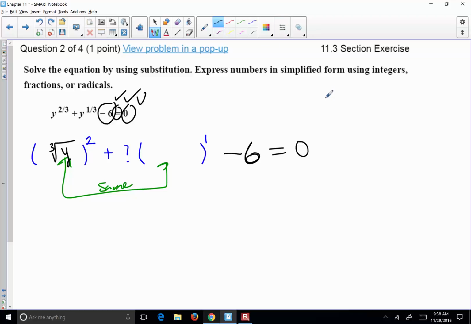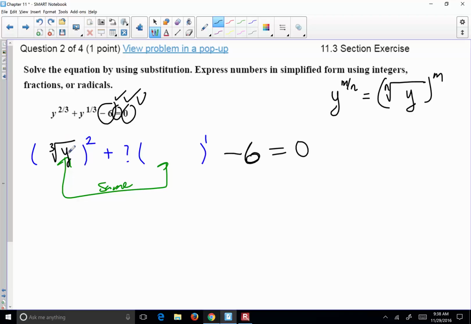He used the fact that if you have m over n, m comes out to the power and n goes into the index. So in this question, 2 is coming out, 3 is going in.